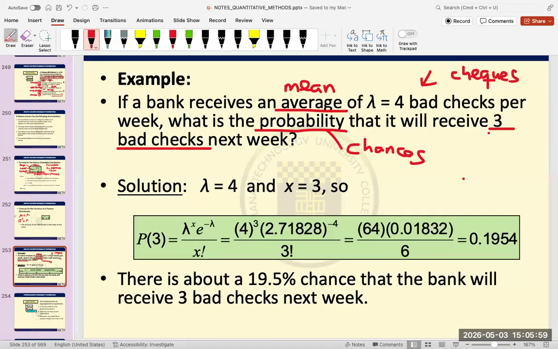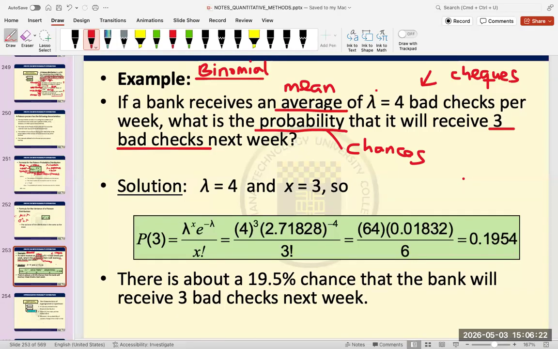How do you know that this problem is not binomial, but it is Poisson? The moment you see the lambda, it tells you this is a Poisson.